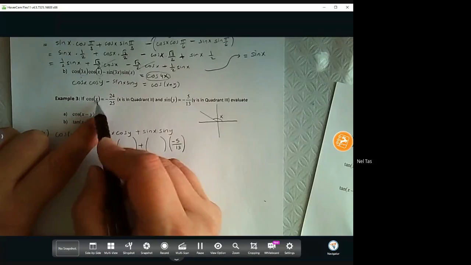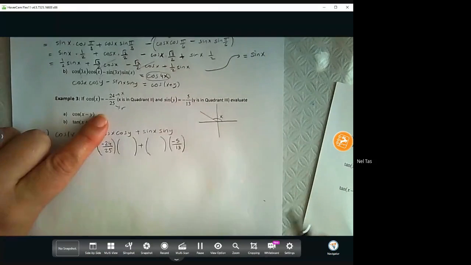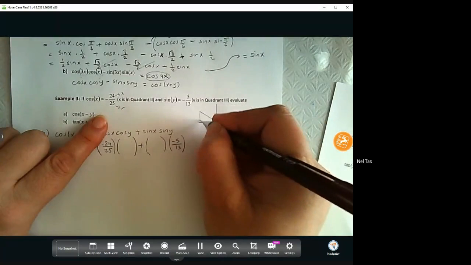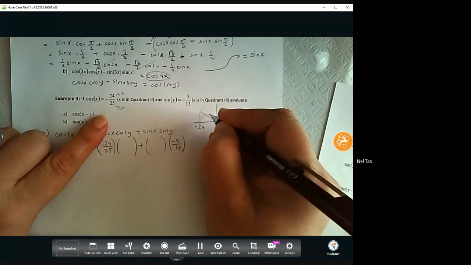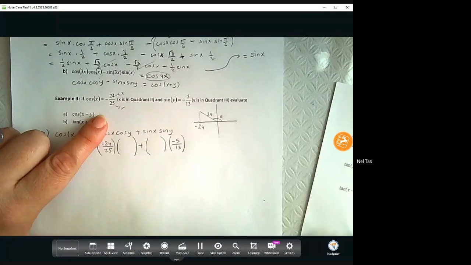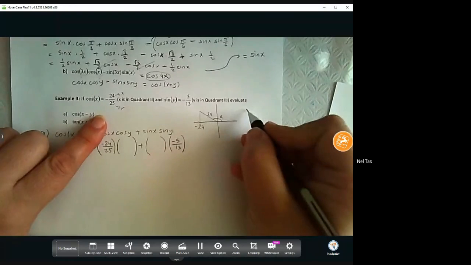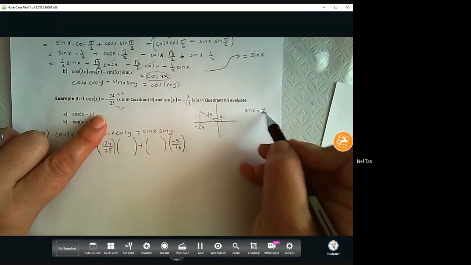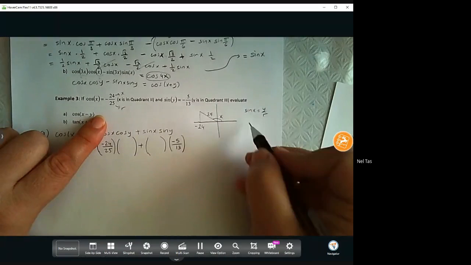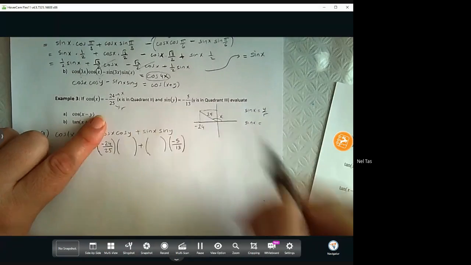Then let's remember for cos, we get it from x over r, so x coordinate over r. Then the x coordinate is going to be negative 24 and r is going to be 25. Well, to be able to write sine x, I need to get the y coordinate, right? So y over r.